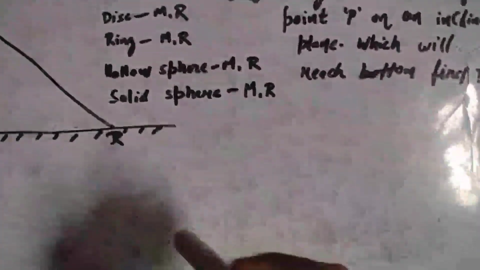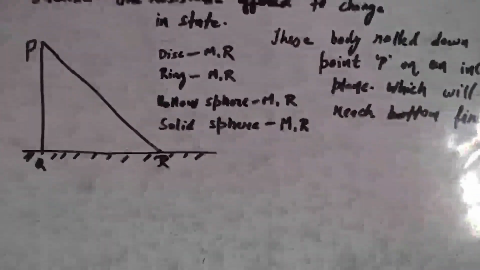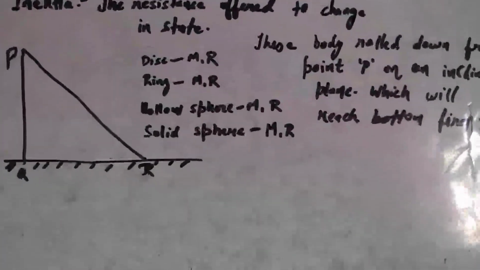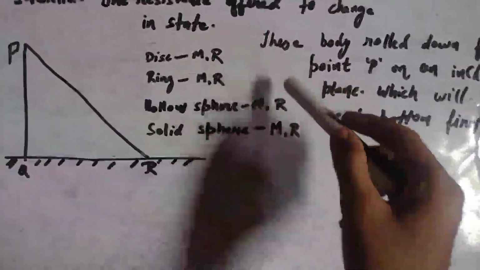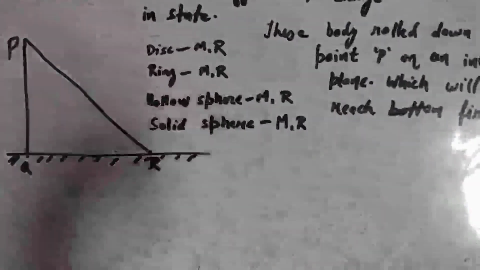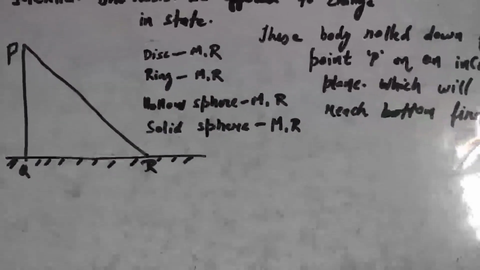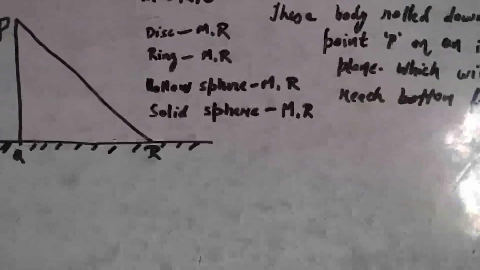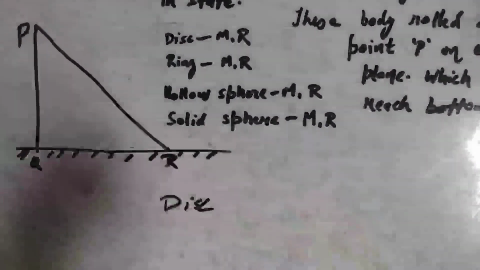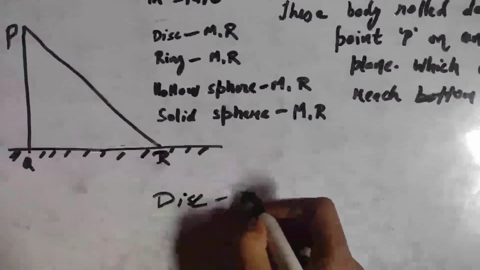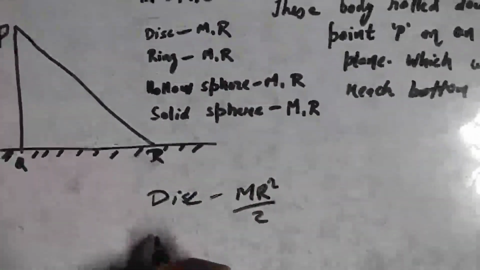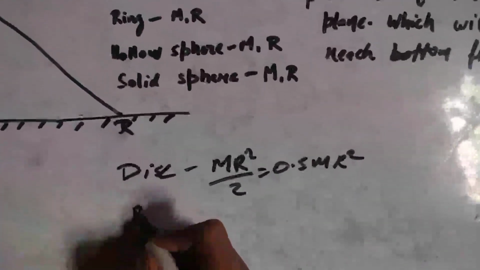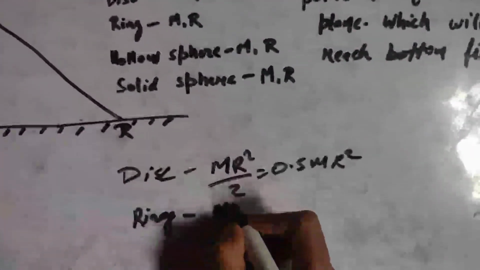Now we'll solve this question. A body having greater rotational inertia will offer more resistance to change of its state. Therefore, in these ones, the body that will win the race is the one which offers less resistance, thus has less inertia. So if we calculate the inertia of all the bodies, we will find the disk is mr square by 2, or we can say 0.5 mr square. A ring is mr square.